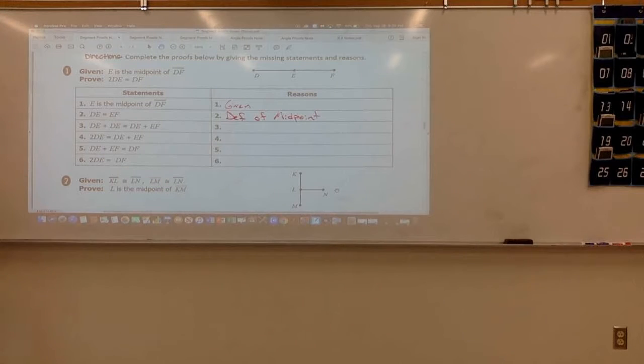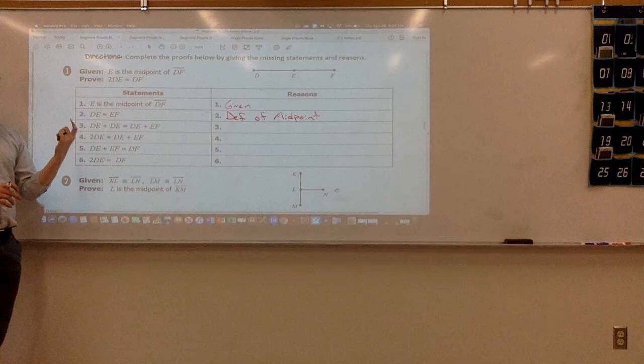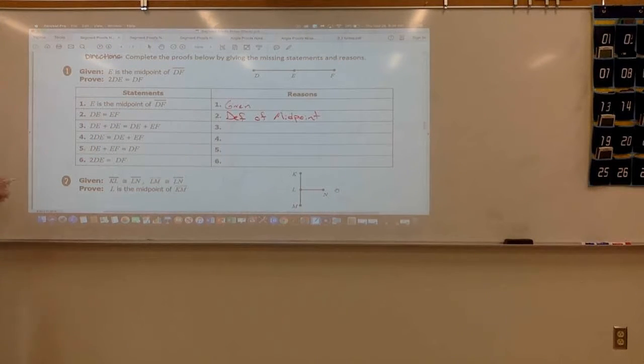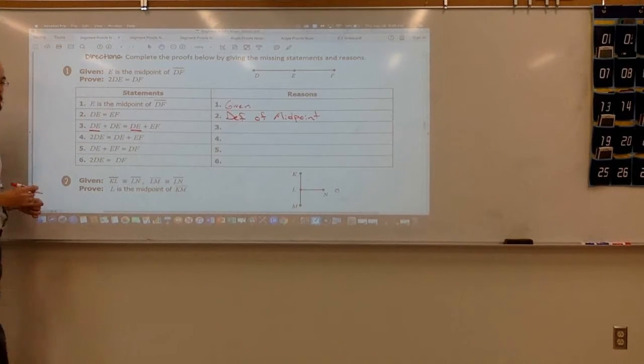So now, again, we want to look at how did I get from this step to this step? What changed from this equation to this equation? What can you see that changed from step 2 to step 3? DE was added to both sides? Yeah, I would say DE was added to both sides of the equation.